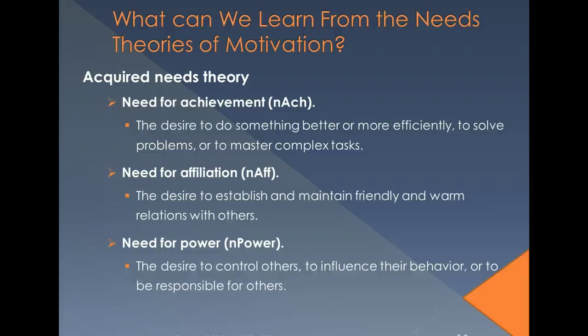We like to let people know our achievements or be the one with the right answer. So that's part of this acquired needs theory. You acquire this need for achievement that you learn as you grow through society and things of that nature.